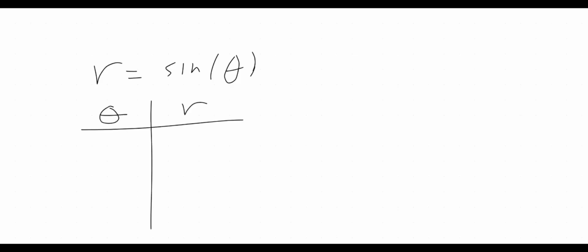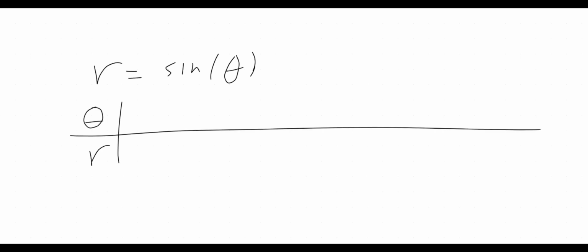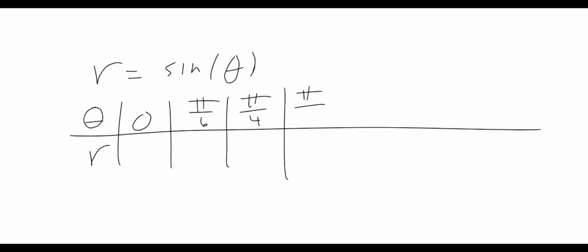So 0, pi over 6, and actually let me get rid of it this way, and I've got a lot of numbers, so I'm going to make it a horizontal chart. And make that 3 look a little bit better.